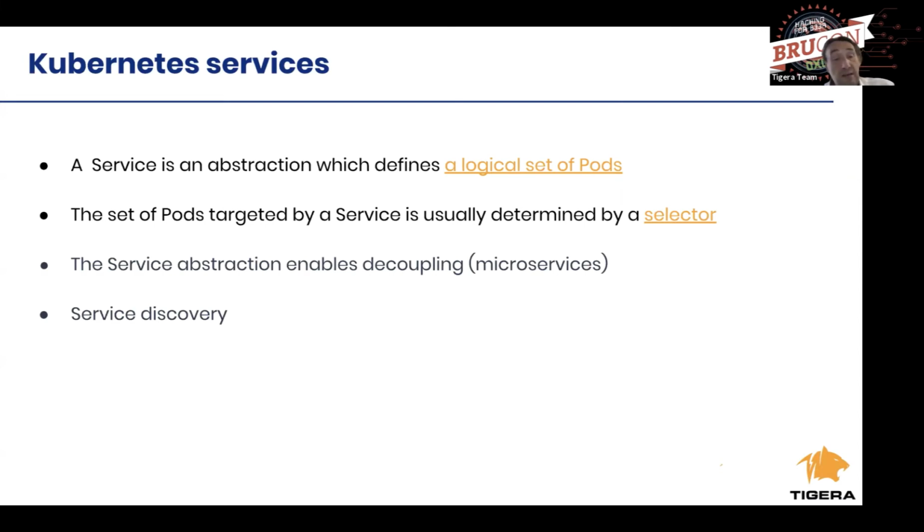Meaning that if applications need to talk to this logical set of pods, they don't talk to the pods directly, but they connect to the service. That means that no matter what happens in that service, the originating client or application doesn't have to bother.